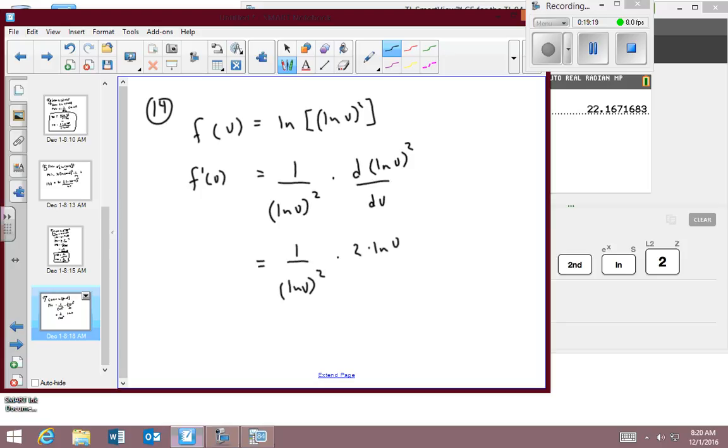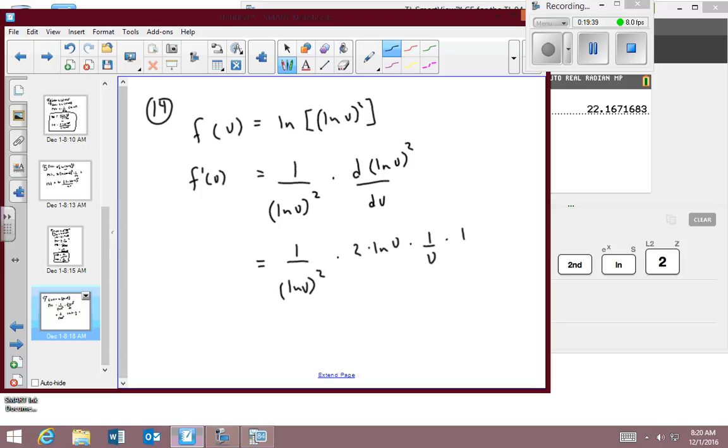I'll take that back. This has got to be 2 ln of v to the first power. So that's the derivative of that. Then you take the derivative of ln v, which is 1 over v, and then the derivative of v is 1.